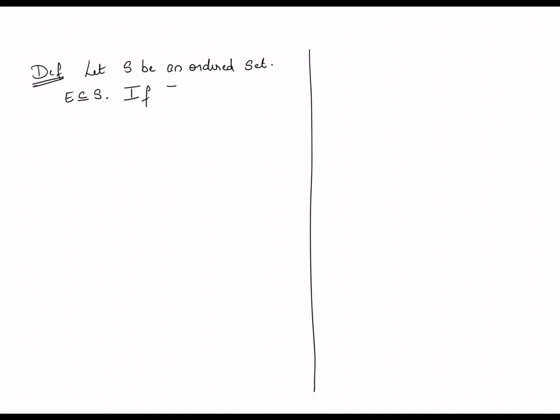Suppose there exists an element, let's call it beta, in S such that x is less than or equal to beta for all x in E.